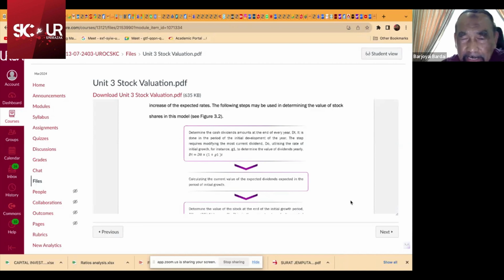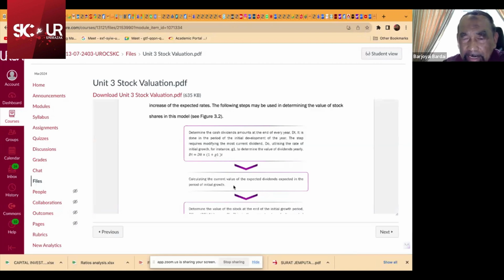So this is the dividend rate: Dt equals D0, which is the current dividend, multiplied by 1 plus G1, the initial growth, raised to the power of t.